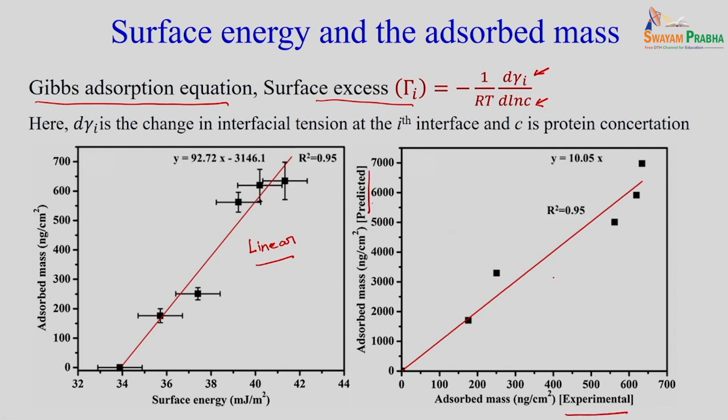Again you are observing a very much linear trend. So, it says that the change in the surface energy or interfacial energy is related to the protein adsorption, and the protein adsorption or surface excess can be predicted by measuring the contact angle or surface energy.